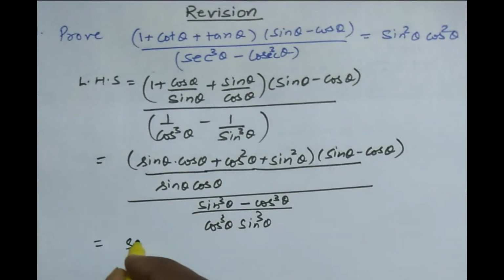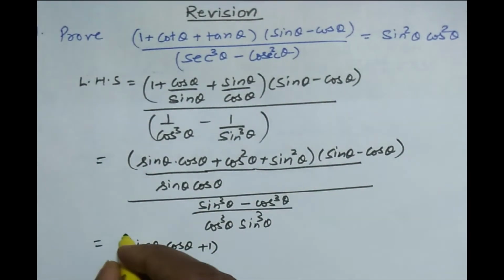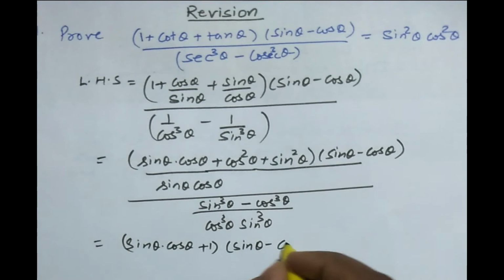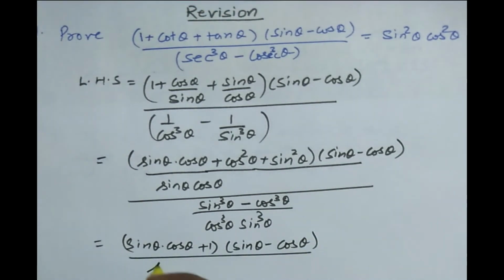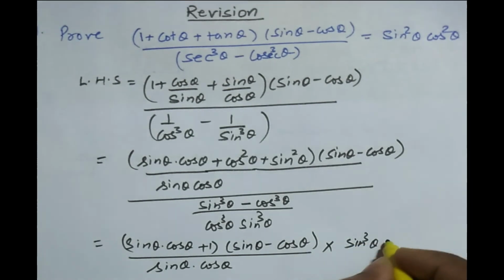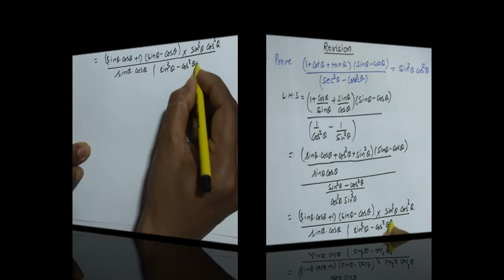We can write sine theta into cos theta, and this is 1, so make it 1, because sine square theta plus cos square theta is equal to 1, and this bracket will remain as it is. Now we can use the reciprocal rule, and write sine cube theta cos cube theta, and in the denominator it will be sine cube theta minus cos cube theta.